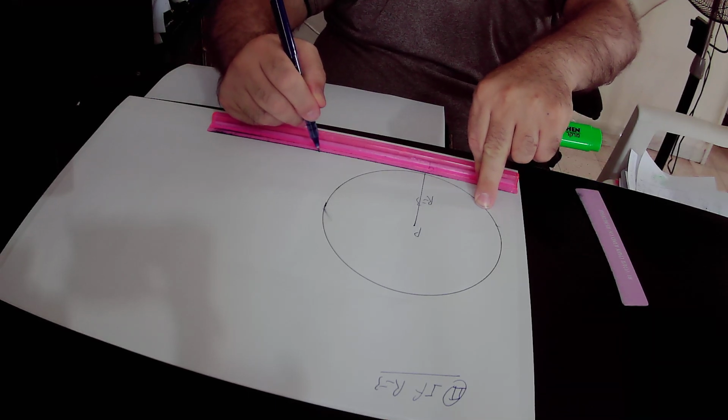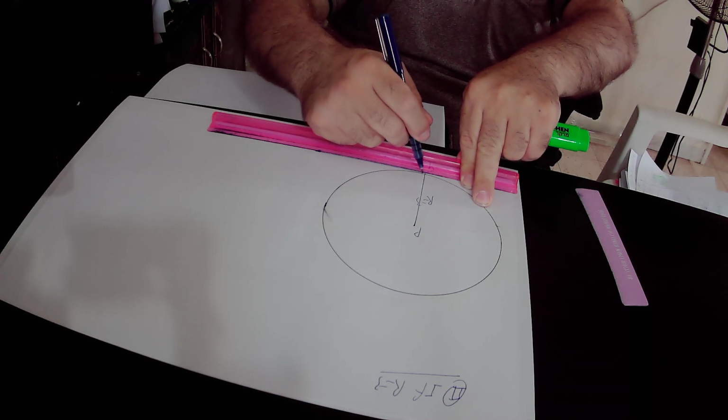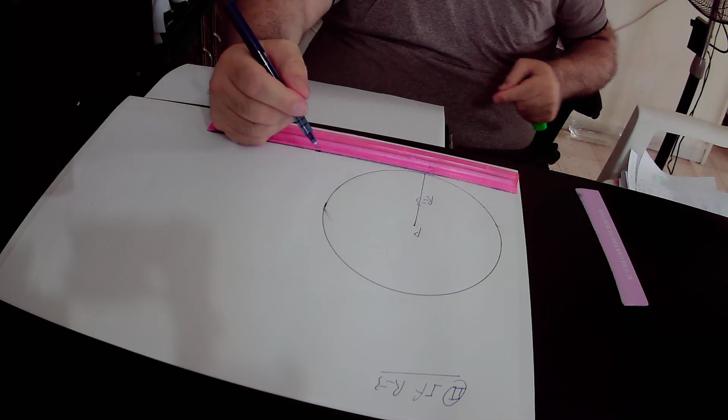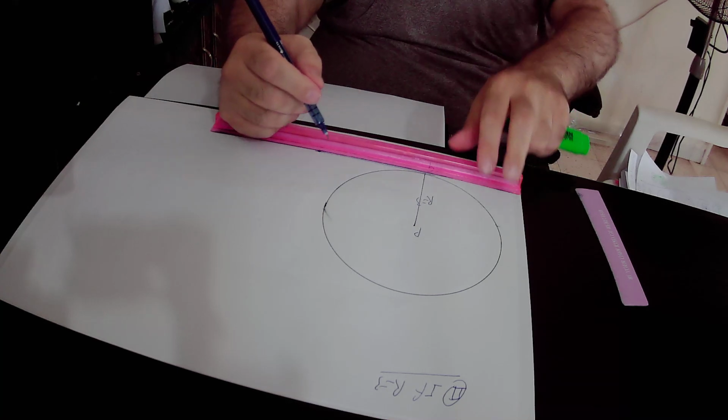Therefore, here the radius and the square will be exactly the same height.